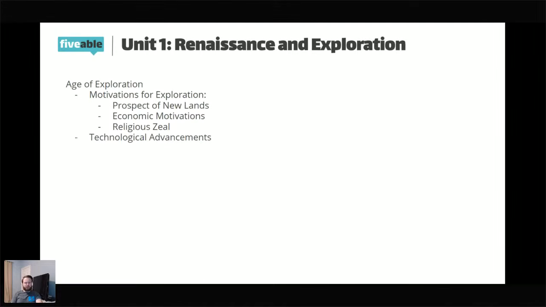So talking about the technological advancements, when we're thinking about them, we're thinking about advancements in navigation technology and understanding positioning in the sea or on the ocean, which is really important, but also advancements in mapping and in sailing, and adopting new shipbuilding techniques to make those long distances across the Atlantic Ocean.